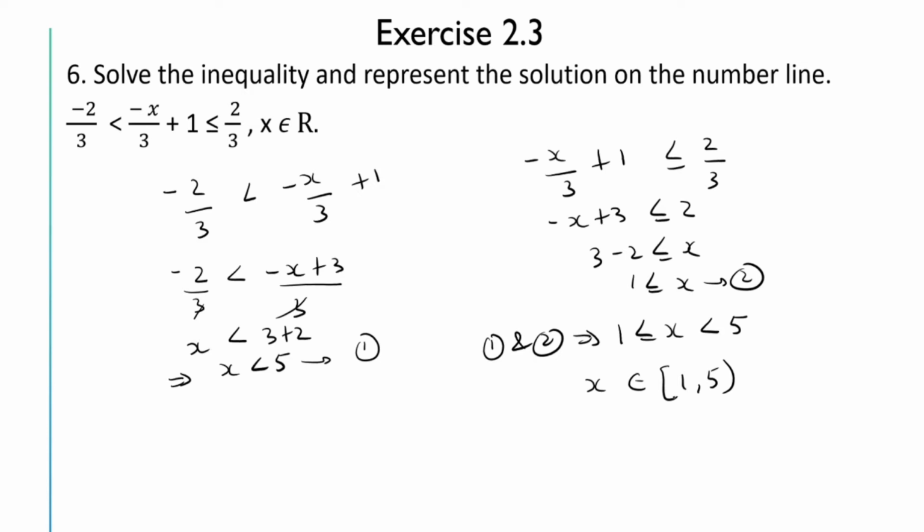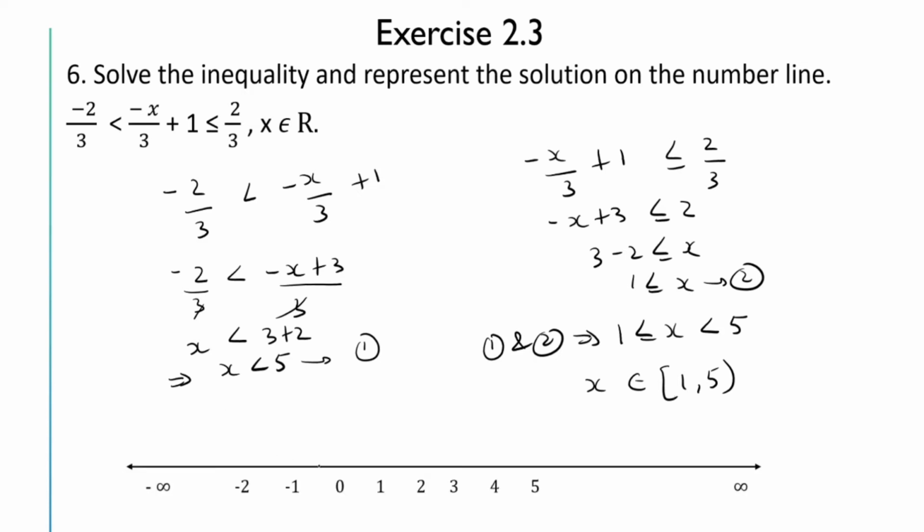They have asked to represent the solution on the number line. So let us represent it on the number line. This is the origin and this is the x-axis. Here we have negative x and here x. So 1 less than or equal to x less than 5 will be: here 1 is included, so it is 1 included and 5 not included.